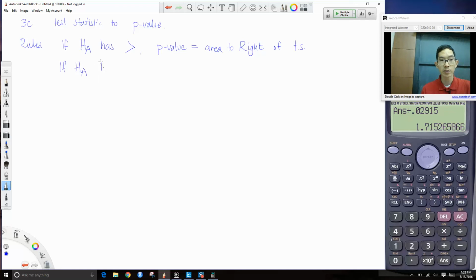If the alternative has a less than sign, then the p-value is equal to the area to the left of the test statistic.